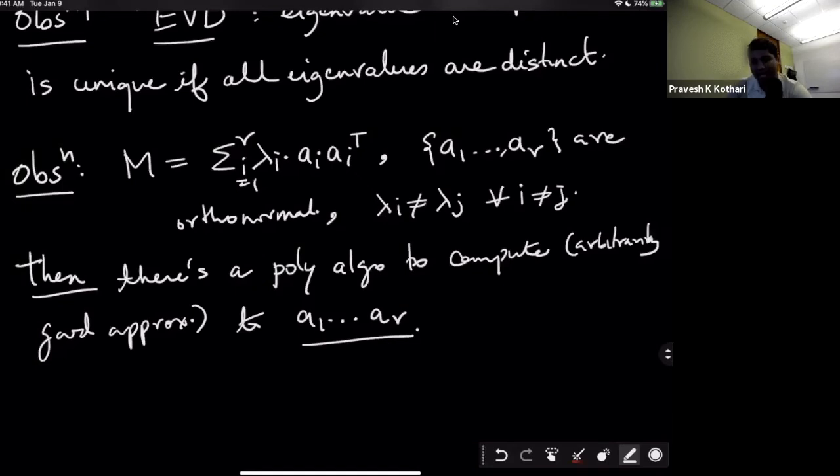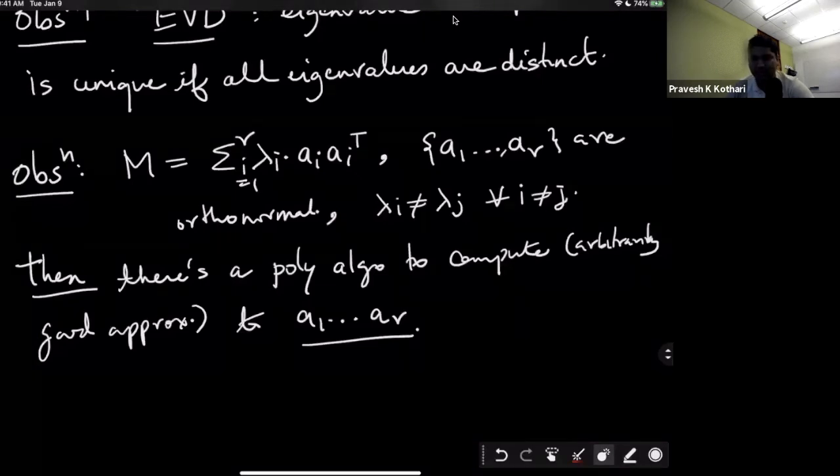Of course, to avoid numerical issues, you would need there to be a gap between lambda_i and lambda_j, for algorithms to exist, but let's not worry about it.